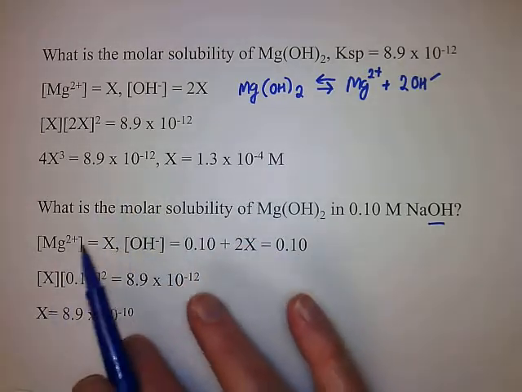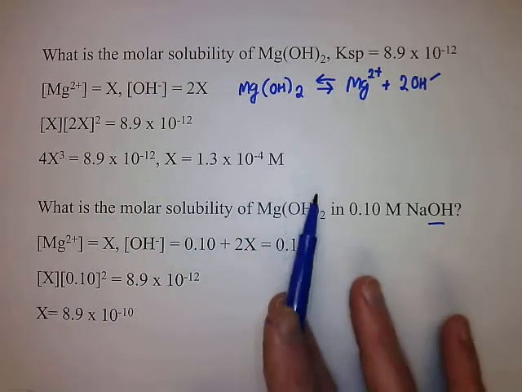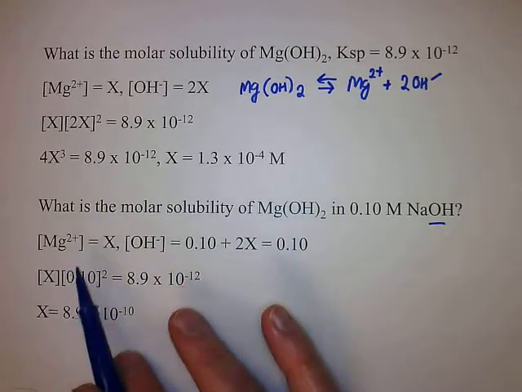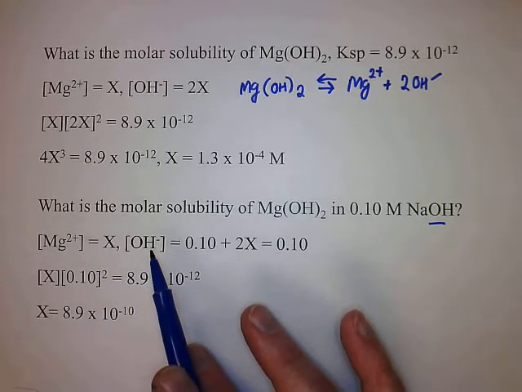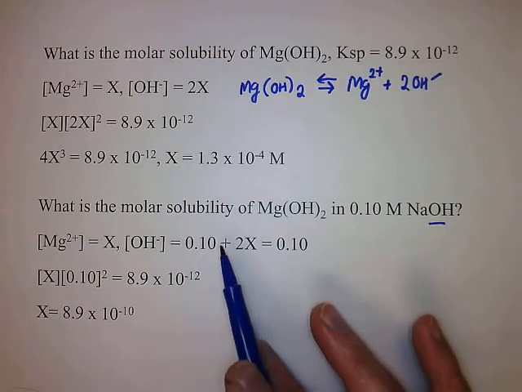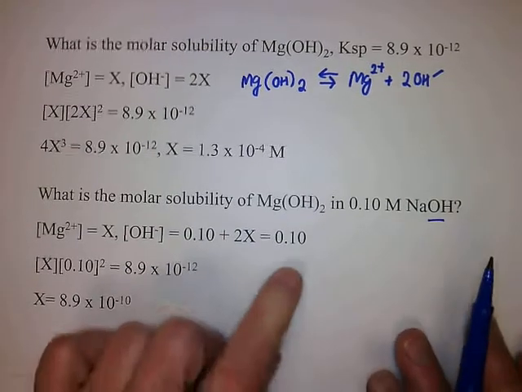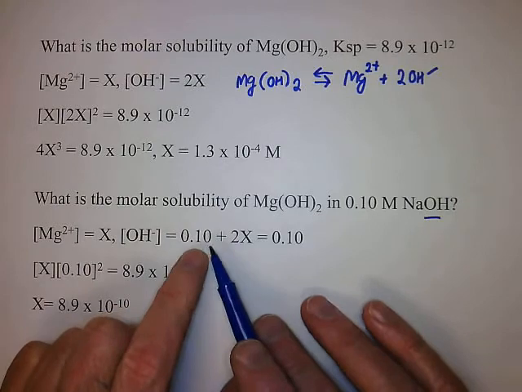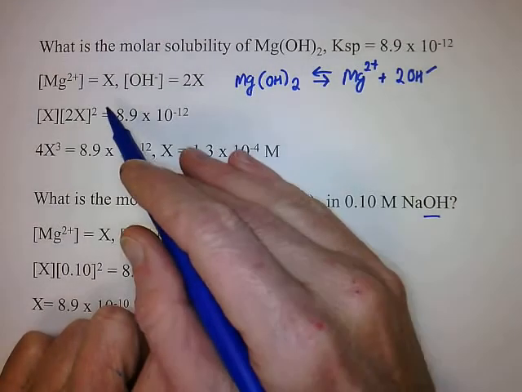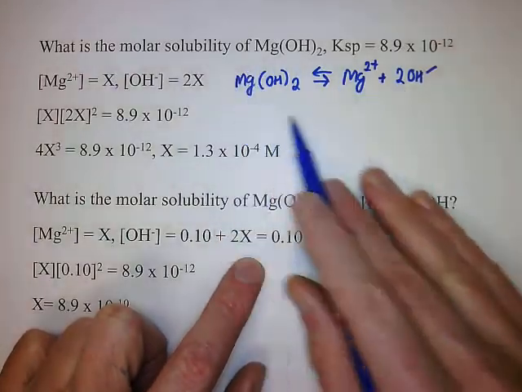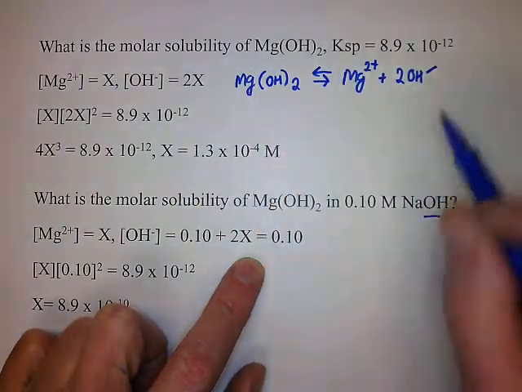So if X moles dissolve, our concentration of magnesium will be X, and our concentration of hydroxide will be 0.10 plus 2X, right? Now, the 0.1 from the sodium hydroxide and the 2X from the magnesium hydroxide, right?